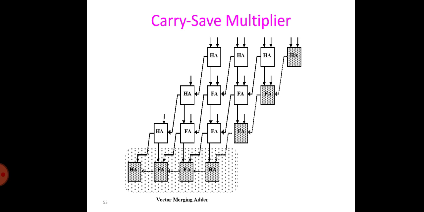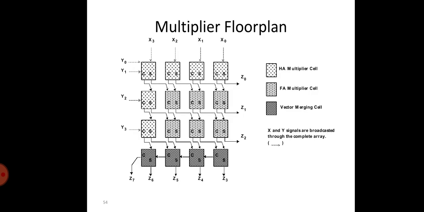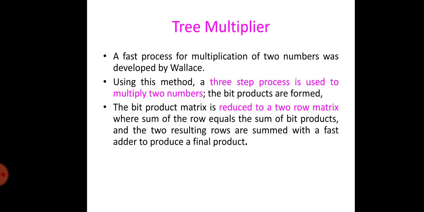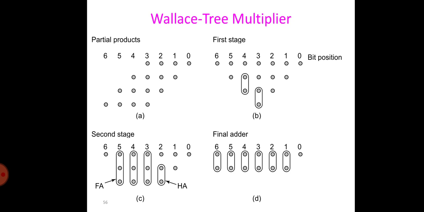Another type is the tree multiplier, where the partial sum adders can also be rearranged in a tree-like fashion, reducing both the critical path and the number of adder cells needed. You can consider a simple example, which is shown in this diagram. The four partial products, each of which is 4 bits wide, are shown here.